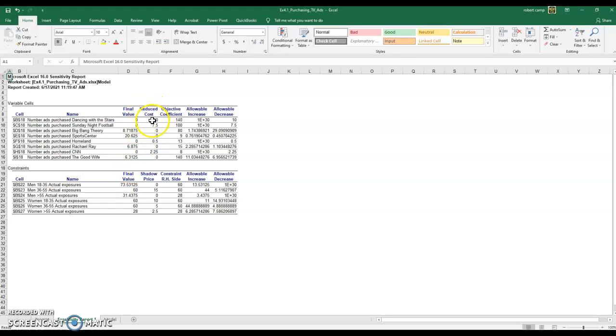So once again, let's look at the reduced cost column. Let me highlight that with orange. So what does this mean? This works for all the different ones, but specifically Dancing with the Stars, reduced cost. What does that mean? Well, the cost per ad would have to decrease by at least 10.